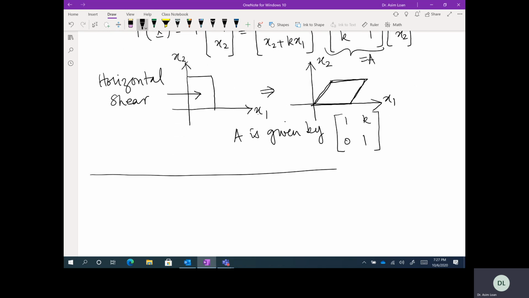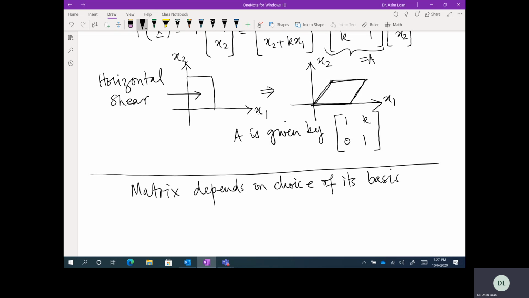So this is all we want to do in chapter 2. Just to recap, a matrix depends on the choice of its basis. The goal is to make a matrix diagonal.